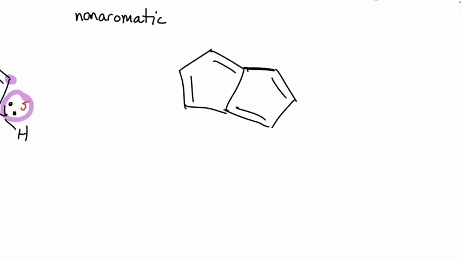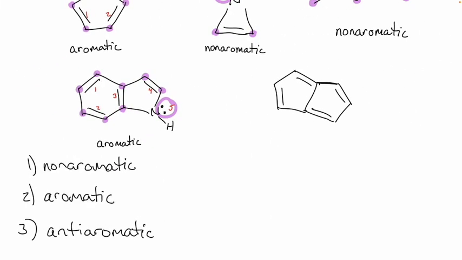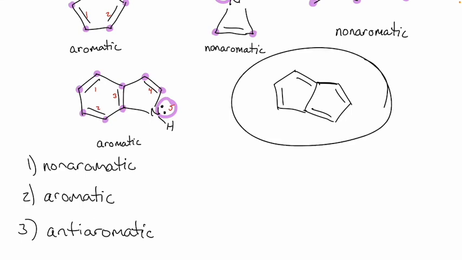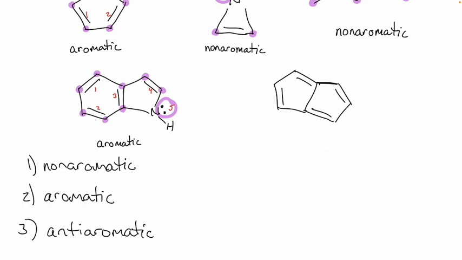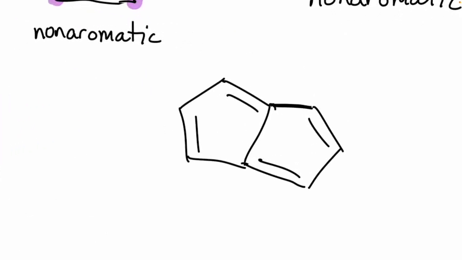All right, and then lastly, this one here. I did a terrible job drawing it, but it's two pentagons fused together here. 2 five-carbon rings. Is this going to be non-aromatic, aromatic, or anti-aromatic? 1, 2, or 3? What do we think? Nice, yeah. So indeed, again, we have to convince ourselves that the ring is fully conjugated.